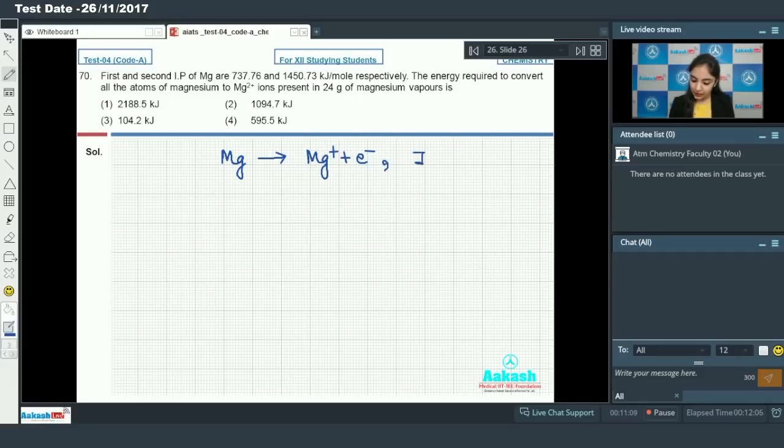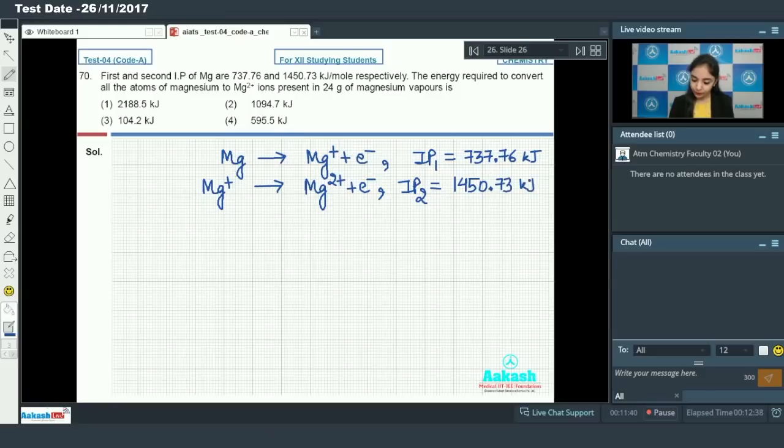For this, IP1 is 737.76 kilojoule per mole. Now we have the second ionization potential, meaning the electron is removed from Mg plus, forming Mg2 plus and an electron, and the second ionization potential is 1450.73 kilojoule.